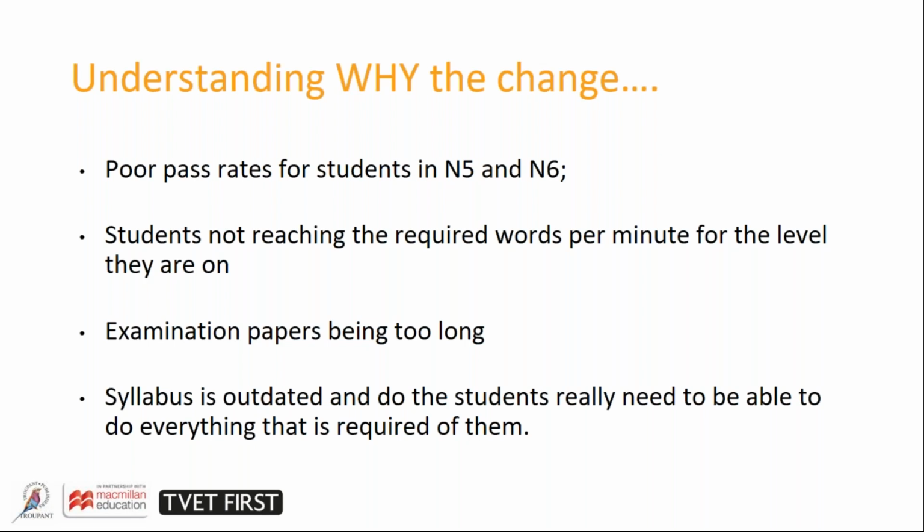Linked to that, there was a major complaint about the examination papers being too long and students not finishing them, and a huge outcry about syllabuses being outdated, and whether students really need to be able to do everything that is required of them in the current syllabus.